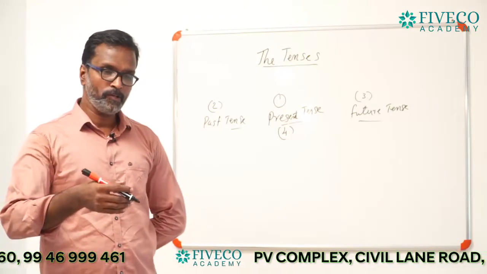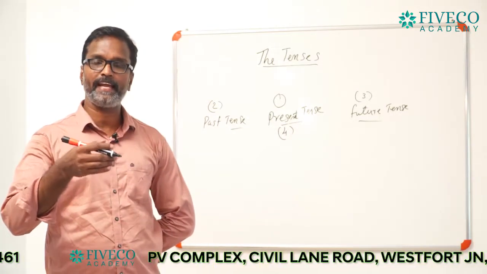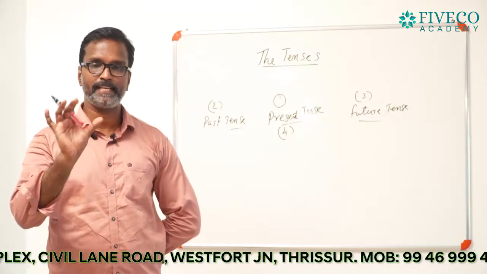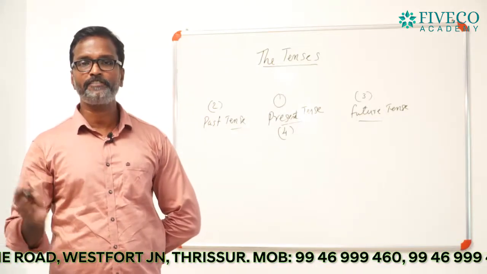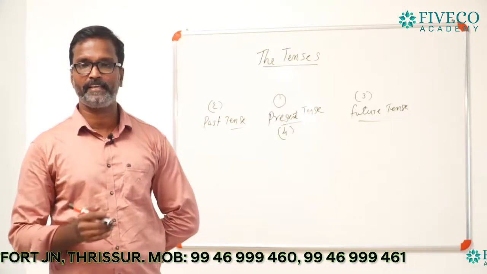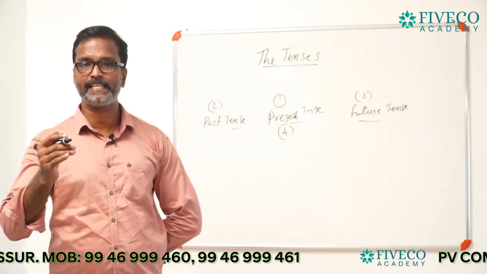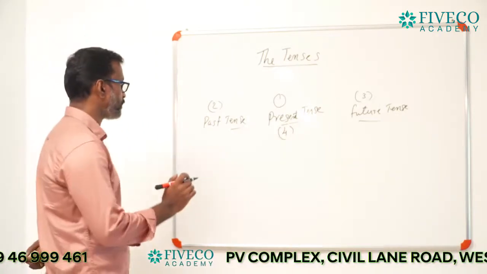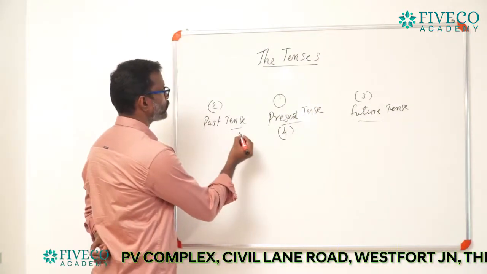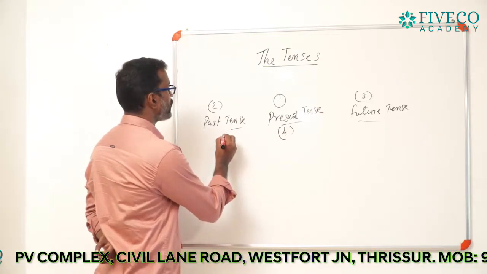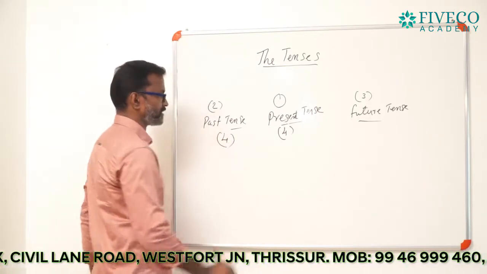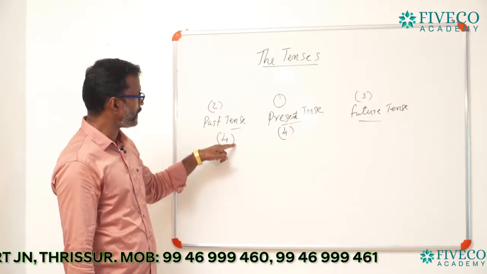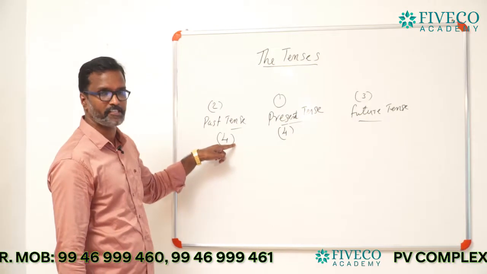And imagine, I have spoken some examples for present tense, 4 types of sentences in present. After completing this class, when I go from here, those 4 present tense sentences will become past tenses. So what I am trying to say is that past tense also has 4 divisions. Present tense has 4 divisions, and similarly past tense also has 4 divisions.